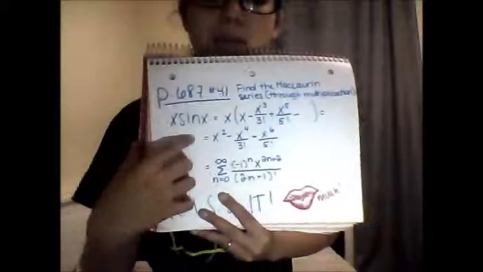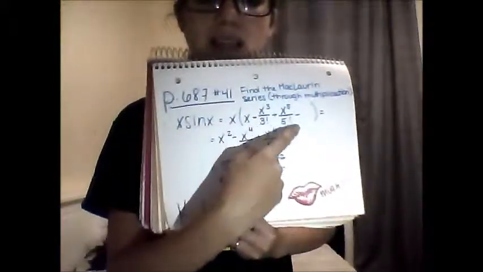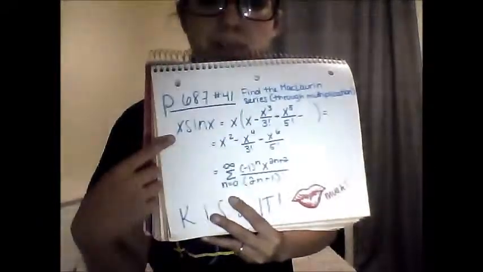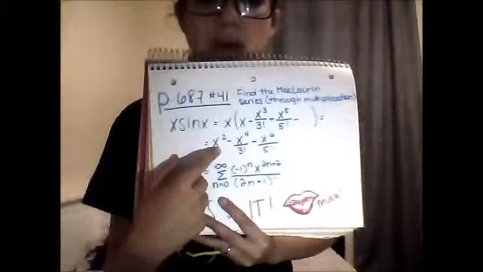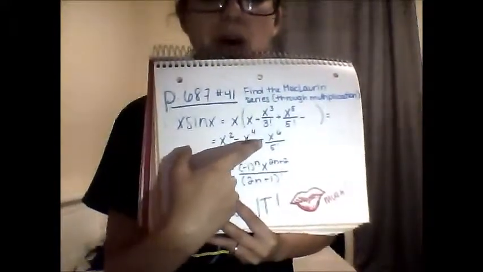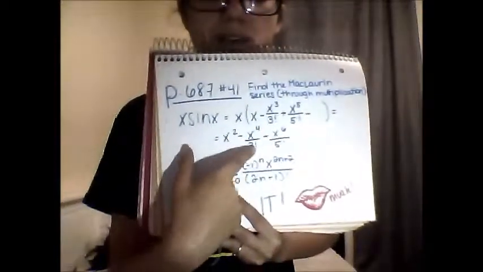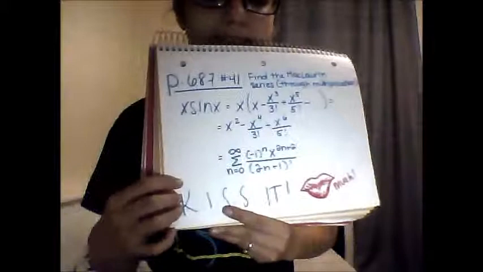So what I then did was distribute the x across the series of sine, and you end up with x squared minus x to the fourth over 3 factorial plus x to the 6th over the factorial of 5. And again, you just have to analyze this and look at it.